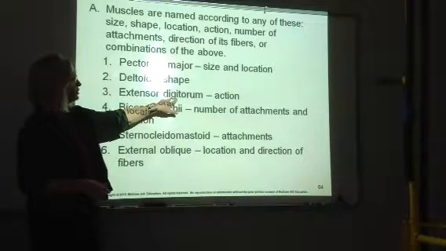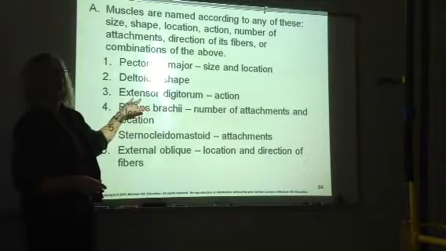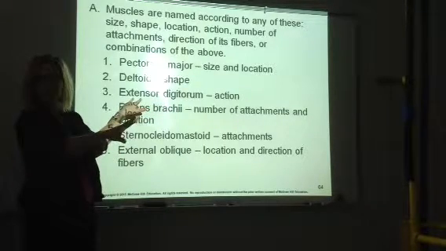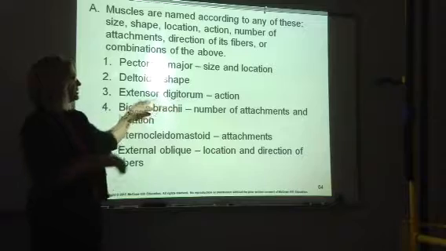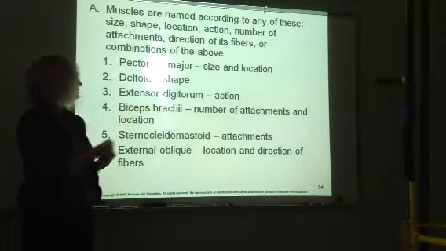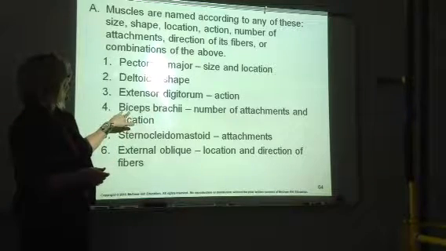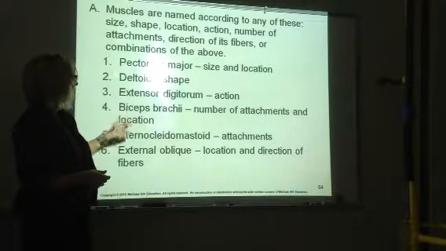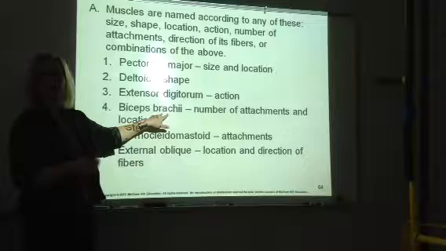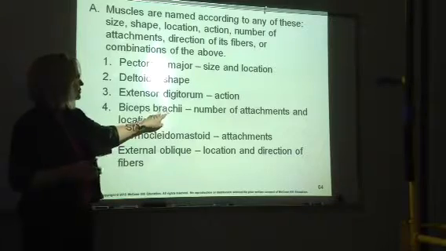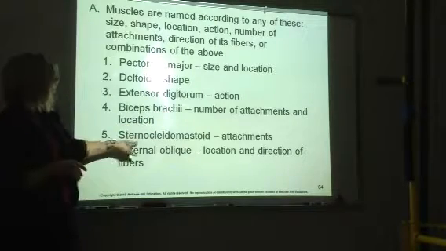Extensor digitorum is going to extend my digits, so that deals with the action, extensor. Biceps brachii, the number of attachments, 2. And location, brachii you'll find deals with arm. So brachii, brachioradialis, brachii deals with arm.